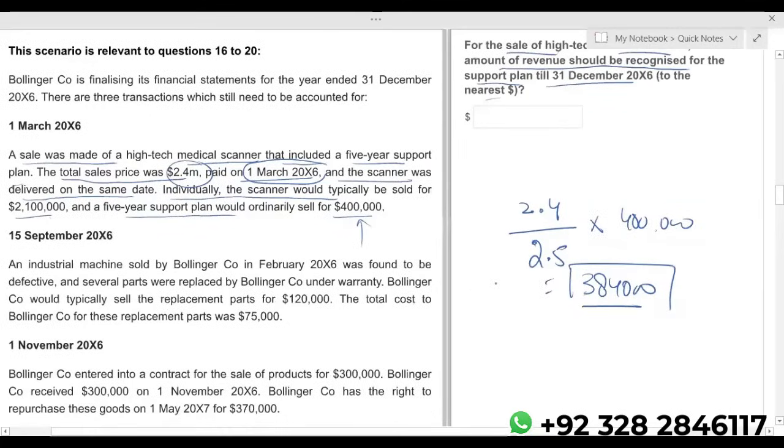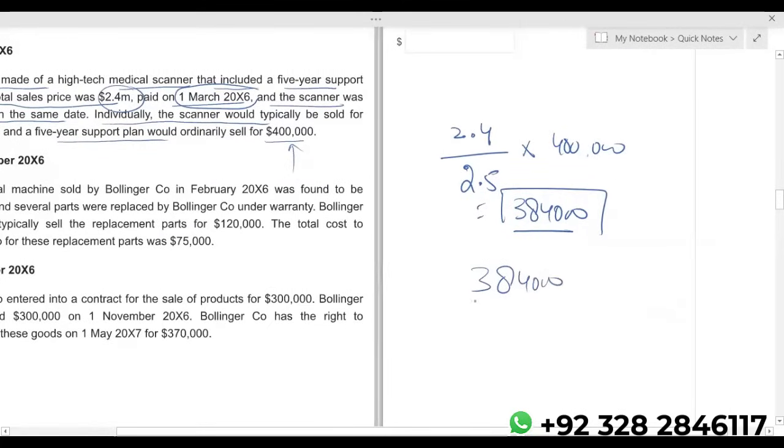So simply 384,000 divided by 5. Why 5? Because the support plan is for 5 years. 10 months have passed so far. So revenue for 10 months out of 5 years should be recognized: 384,000 divided by 5, multiplied by 10 upon 12. I'm getting 64,000.